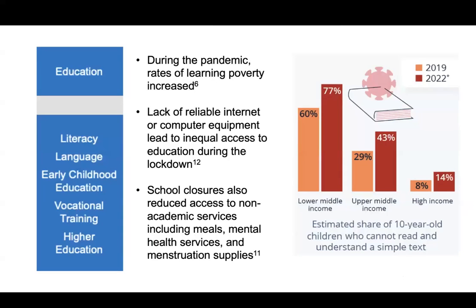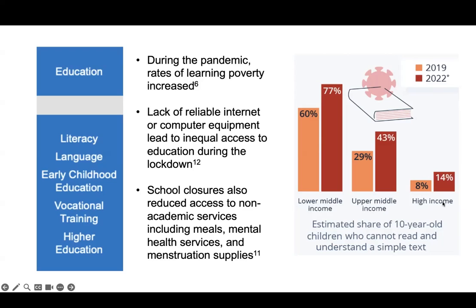We also saw some pretty stark changes in education. During the pandemic, the rates of learning poverty, or the number of children unable to read and understand a simple text by age 10, increased. So we see in lower middle income or developing countries, this increase from 60 to 77%.